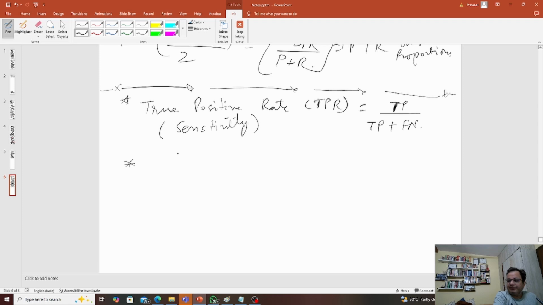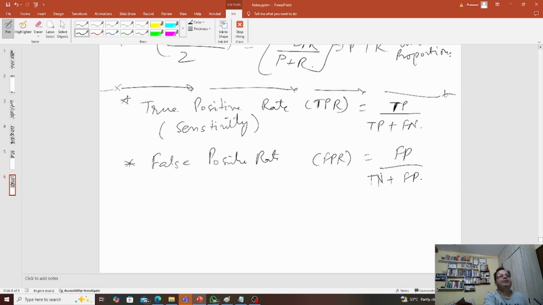There is a true positive rate, and there is also a false positive rate, which is false positive upon true negative plus false positive.